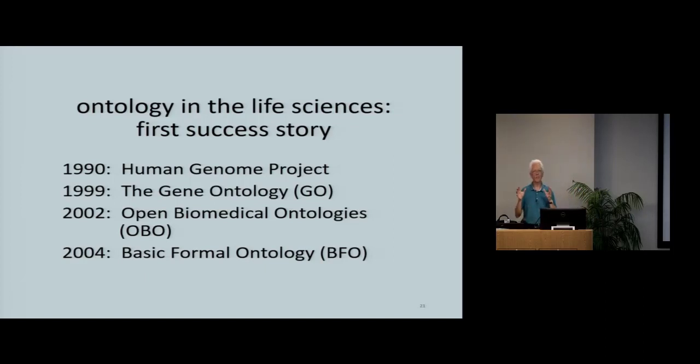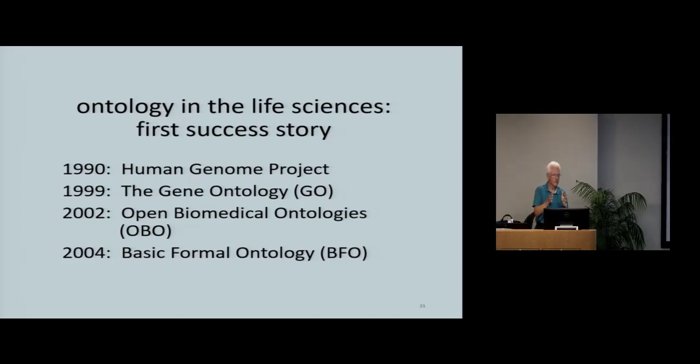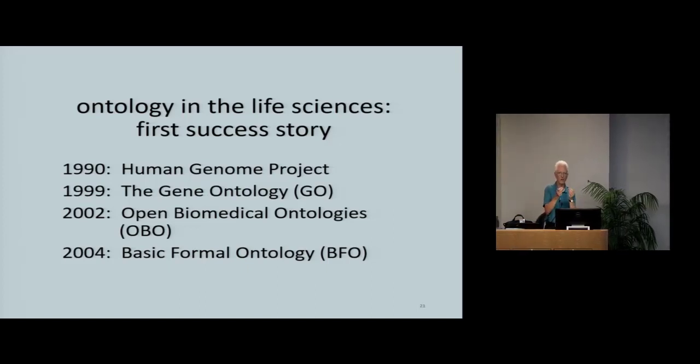The problem is that the way in which biological phenomena are described in the mouse world and in the fish world and in the yeast world is different from the way the same things are described when you're doing human biology.